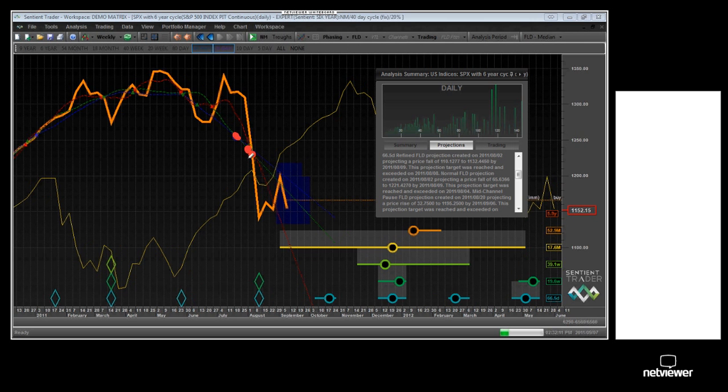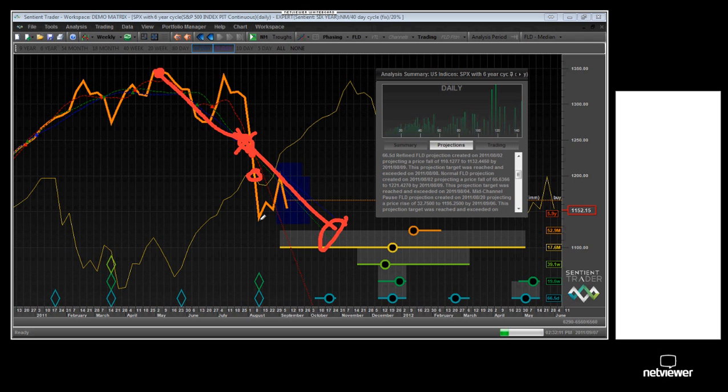If I switch on this whiteboard again, I can show you very simply. Here you have an intersection of 2 lines and another one. You have a cluster of these 3 lines. These 3 lines therefore form a refined projection here, and so you would go from the previous peak, and you would project down, and you would generate a projection in very much the same way that the FLD does.